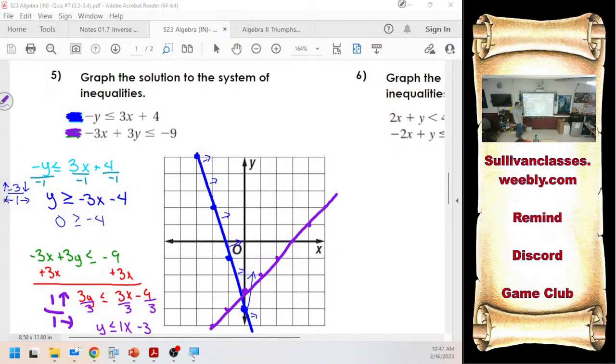And if I want to know which way to shade, I can put my 0, 0 into anything. I can put it down here after I did some work to it, or I could put it in the original and say if these are zeros, I get 0 is less than or equal to -9. Is that a true statement?